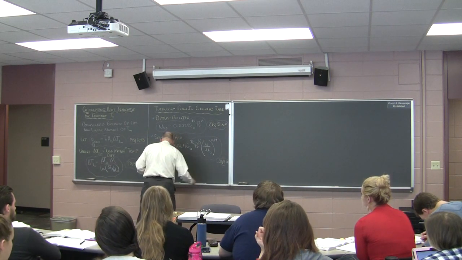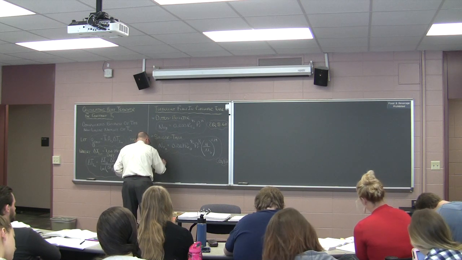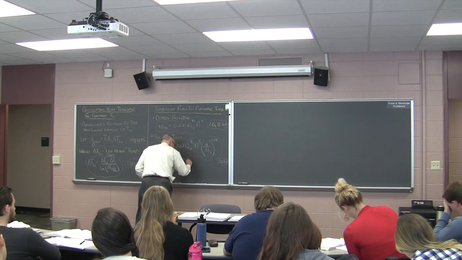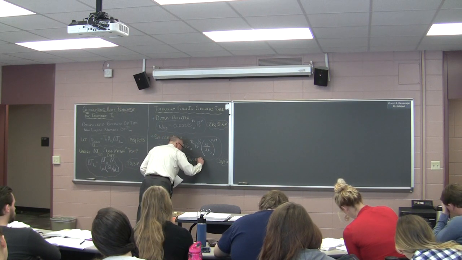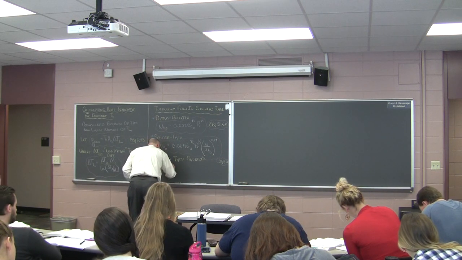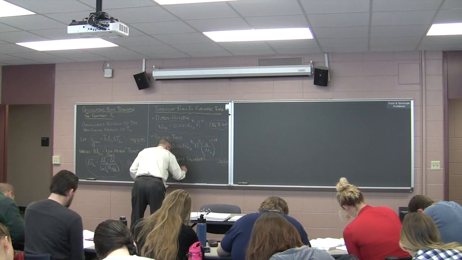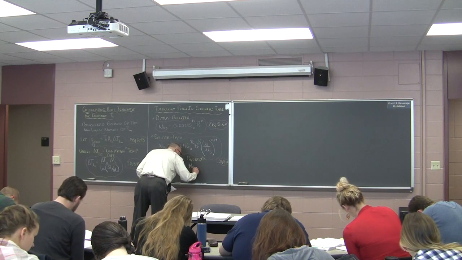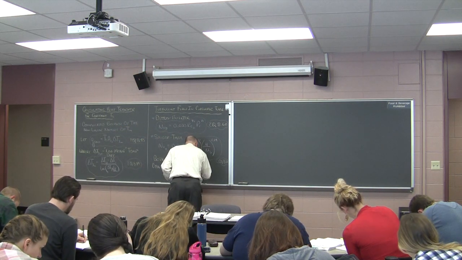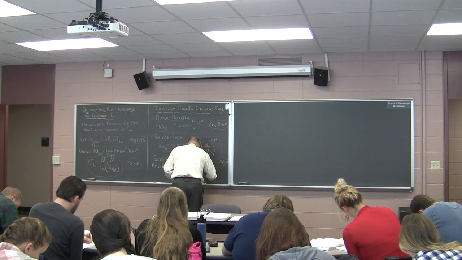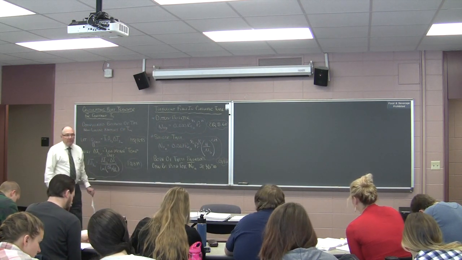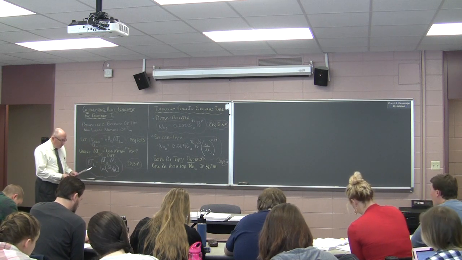Both of these equations can be used to approximate the average Nusselt number for the pipe if L over D is greater than 10. In other words, you're in the fully developed region.